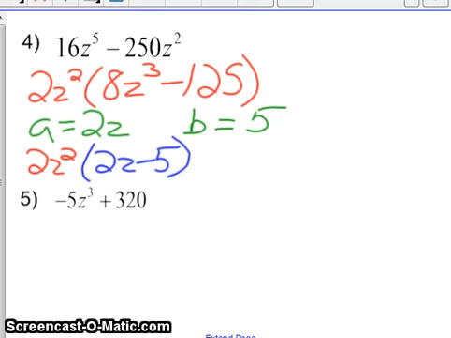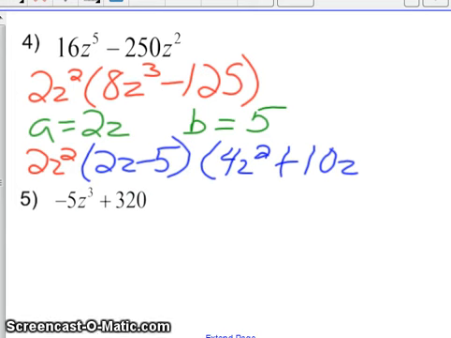Sorry about that. The second parentheses is where we're going to square it. So 2z squared is 4z squared. And then plus. And we're going to multiply a times b. That's 2z times 5 makes 10z. And then plus b squared is 5 squared. That's 25.